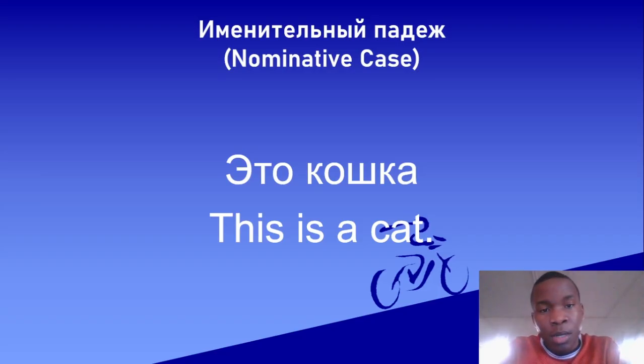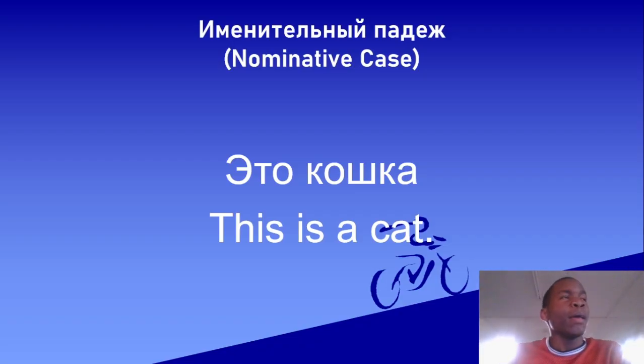So our first case is the nominative case, imenitelni padezh, that is your nominative case. Our first sentence is a very simple, straightforward: eta koshka. That means this is a cat.